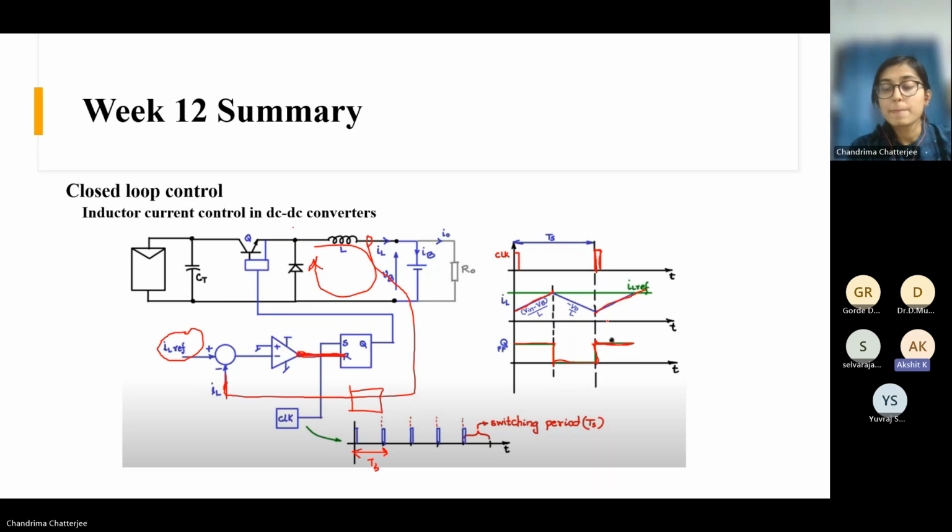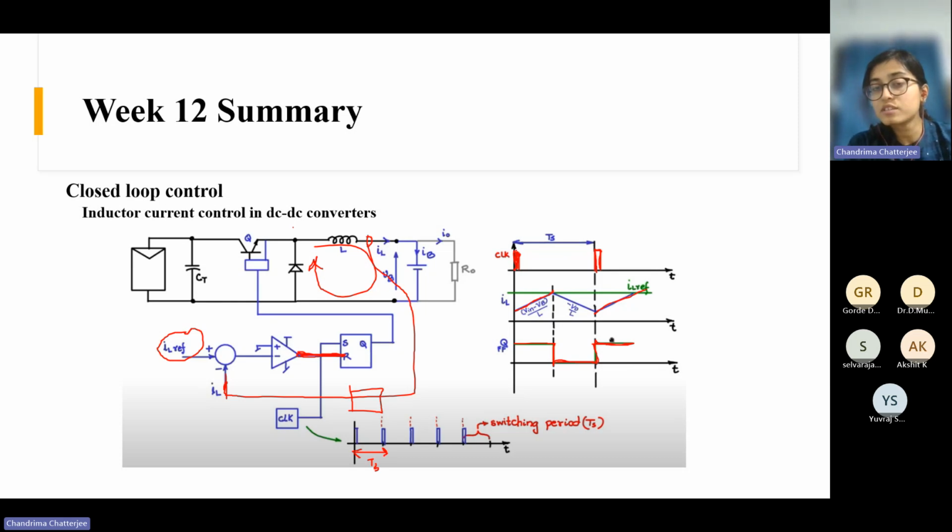The duty cycle of the clock is less, it seems. The clock pulse width is very low, because you don't need the clock to be high throughout; this is just a synchronizing pulse.